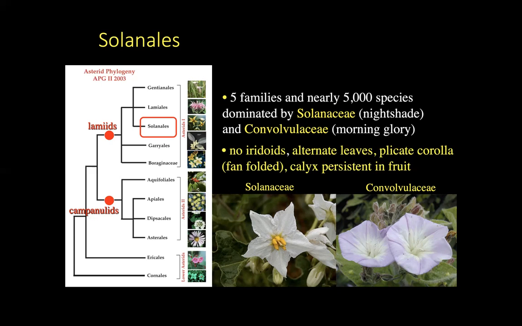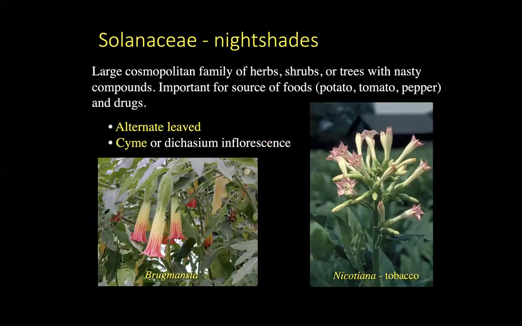Oftentimes the calyx is persistent in fruit. So when we talk about tomatillo, think of a tomato with a little cap on it, right? The calyx persists. It doesn't fall off. Okay. So again, alternate leaved. Another thing they share is having a cyme or a dichasium inflorescence.